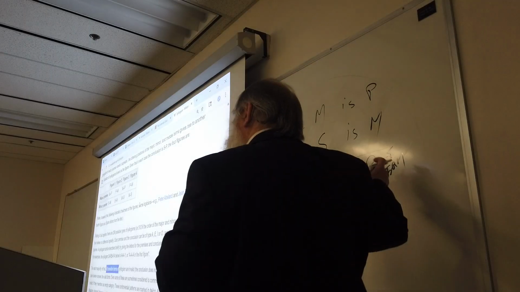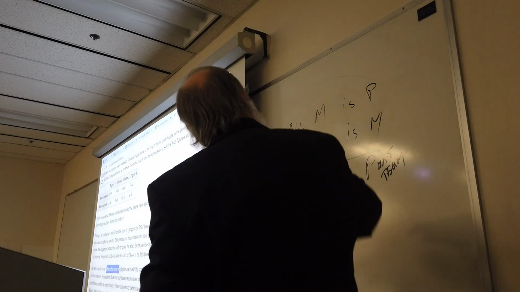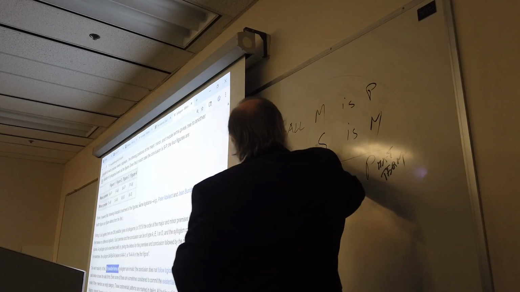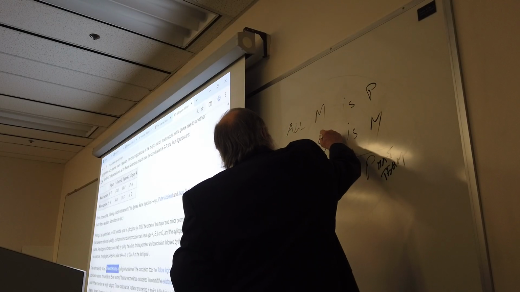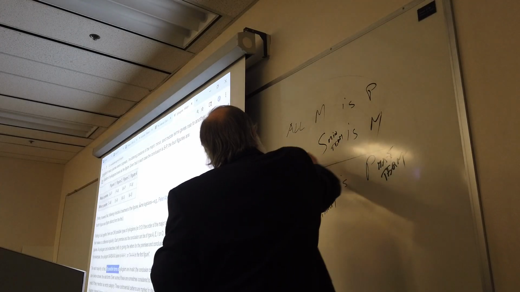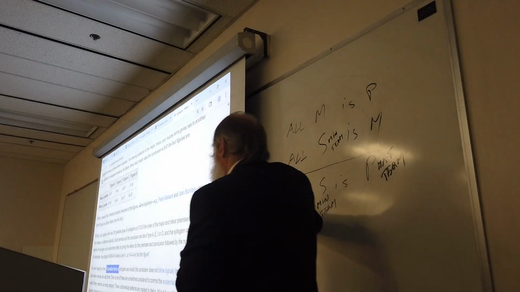That's the major term. And the subject of the conclusion is the minor term. You come back to the other 2 premises and you figure out, okay, where is the minor term? So here it is. And this should be the second statement. This is the conclusion, right?